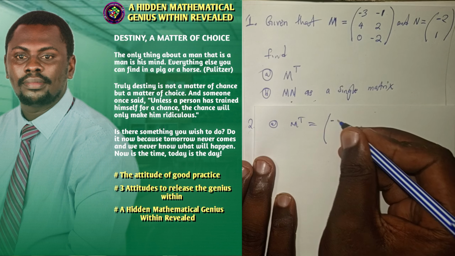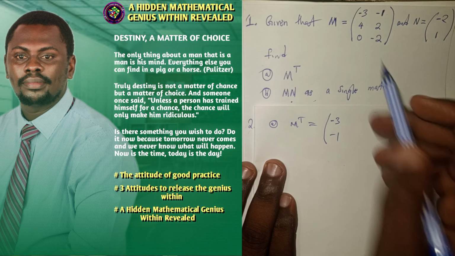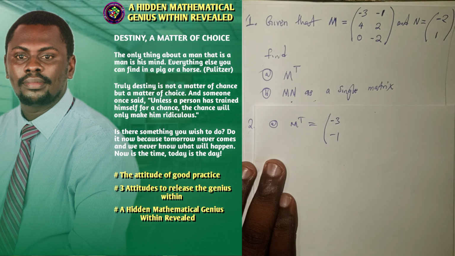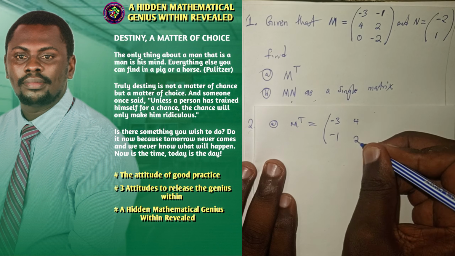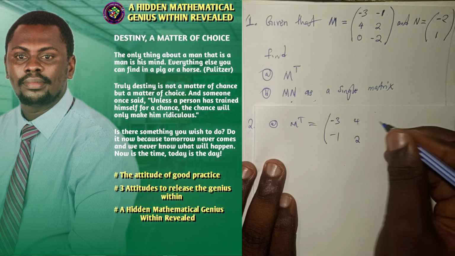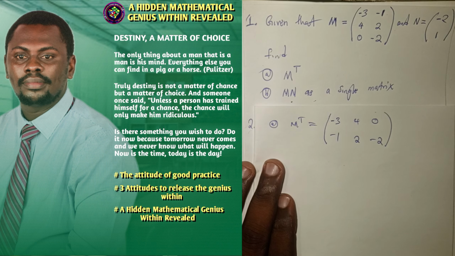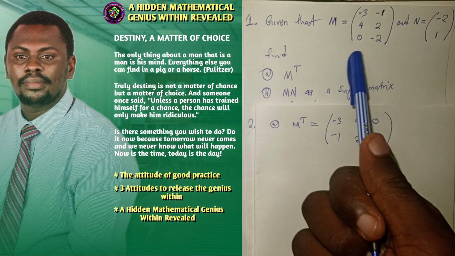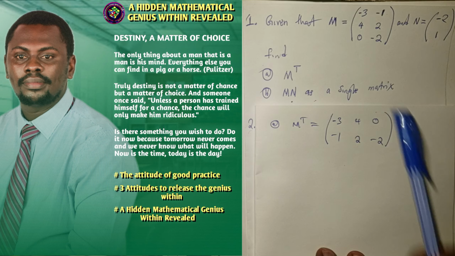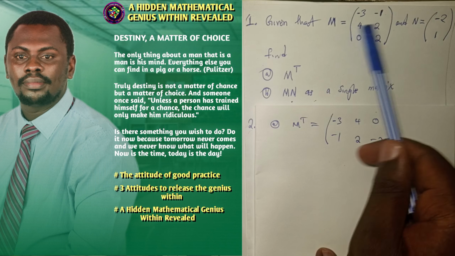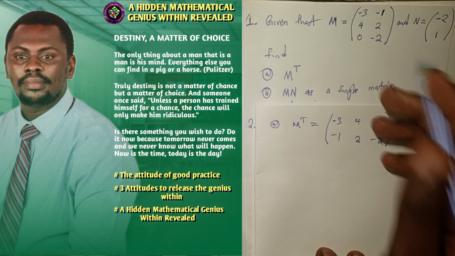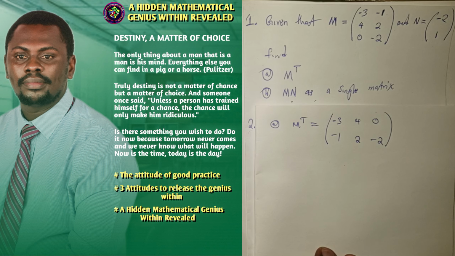That is a column. Again, the second row becomes the second column. So we have 4, 2. Then the last one we have 0, -2. So you can see that the order for matrix M is 3 by 2. It has 3 rows and 2 columns. It's a 3 by 2 matrix.